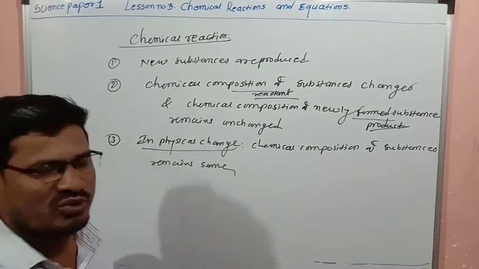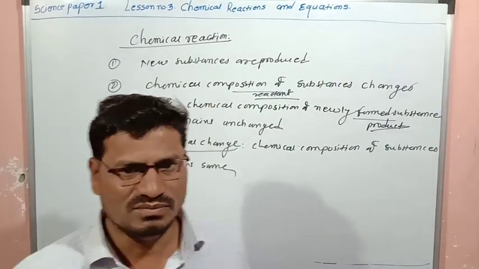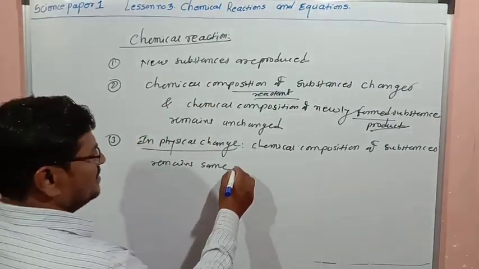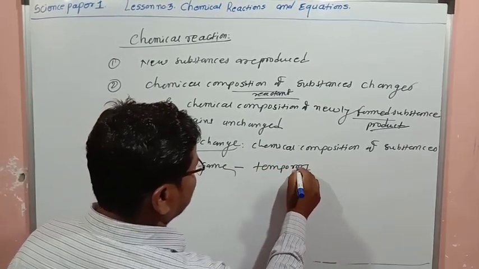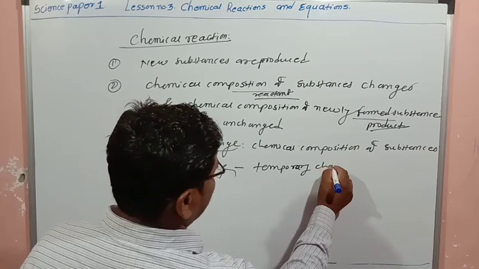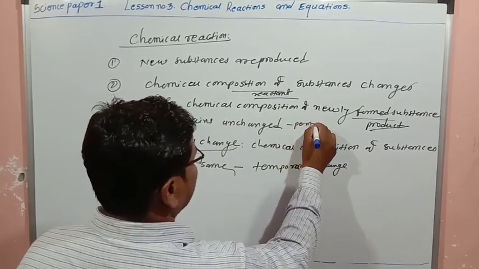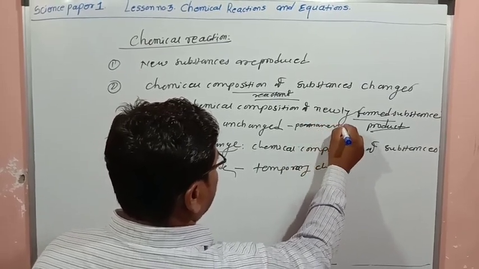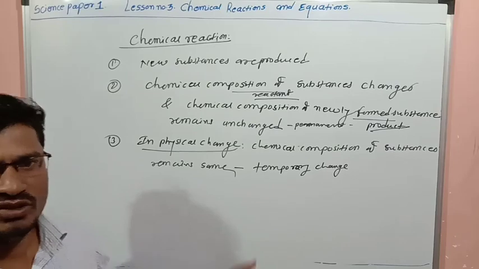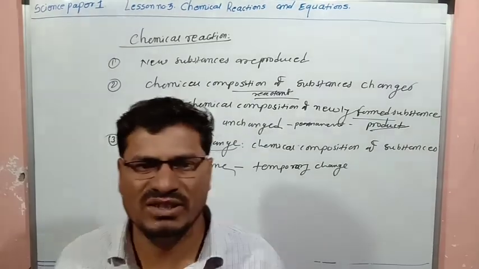That means the chemical composition of a substance does not change in a physical change, and it is a temporary change. Physical change is a temporary change, and chemical change is a permanent change. So now we'll see examples of chemical change and physical change.